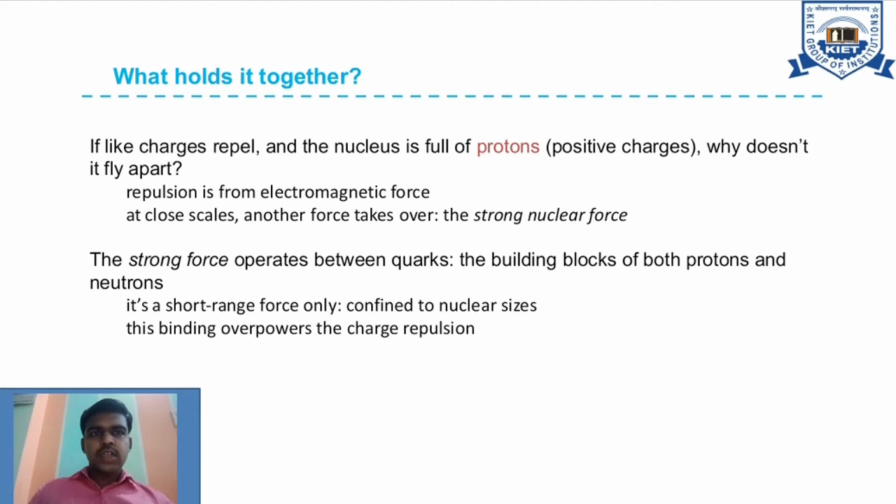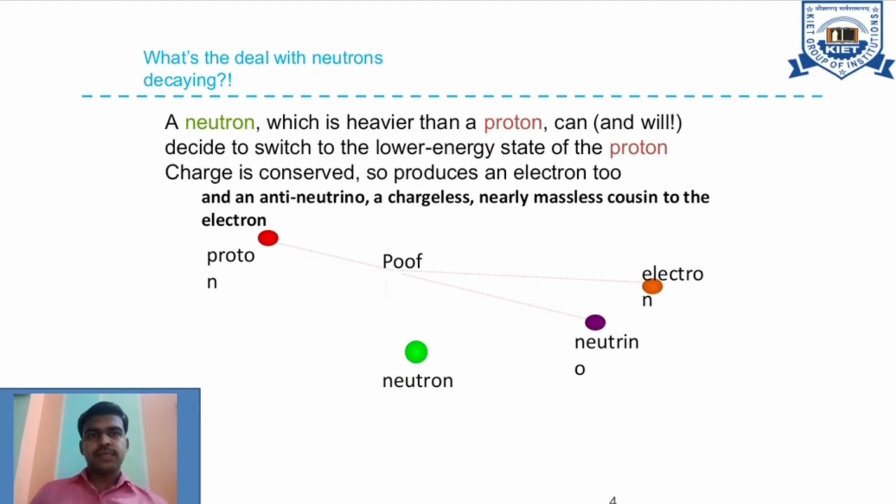So the major criterion is the positive charges, but it doesn't fly apart because of the strong force operating between the quarks. It's a short range force only, confined to the nucleus size. This binding overpowers the charge repulsion.